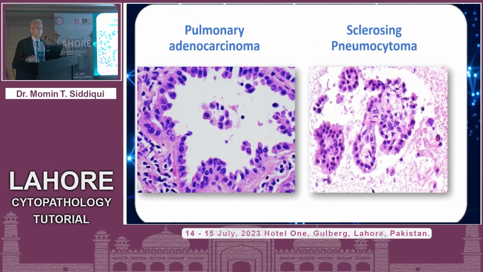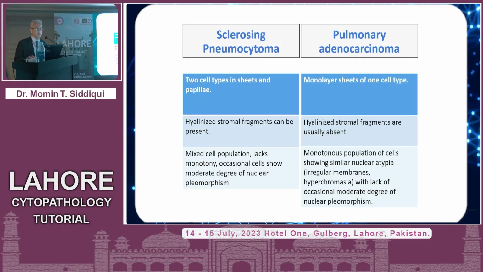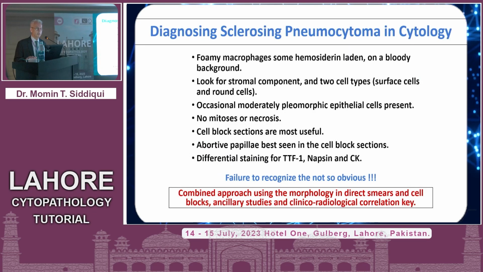And this is a comparison of a cell block with a biopsy with pulmonary adenocarcinoma. Individual cells, if you look at them, they certainly do look the same. But if you utilize your skills as well as IHC, you can certainly separate them. So this is the summation slide, and I think I'm right on time at 12:15 to complete this session.